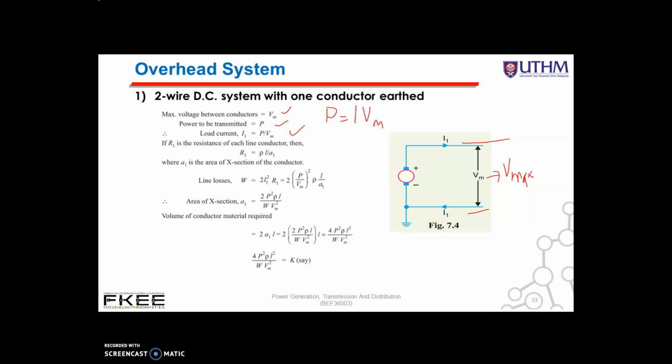If R1 is the resistance of each line conductor, then R1 equals rho L over A1. Rho is the resistivity of the conductor material.